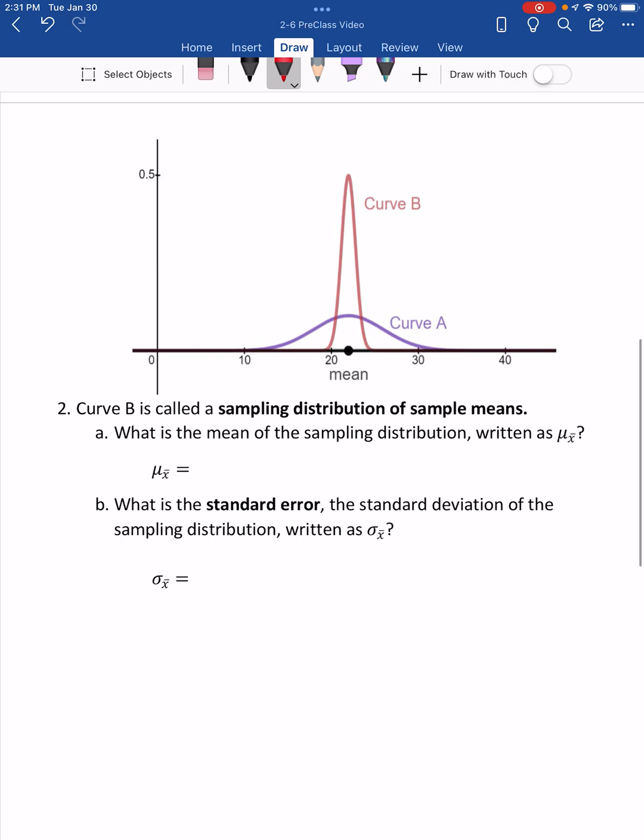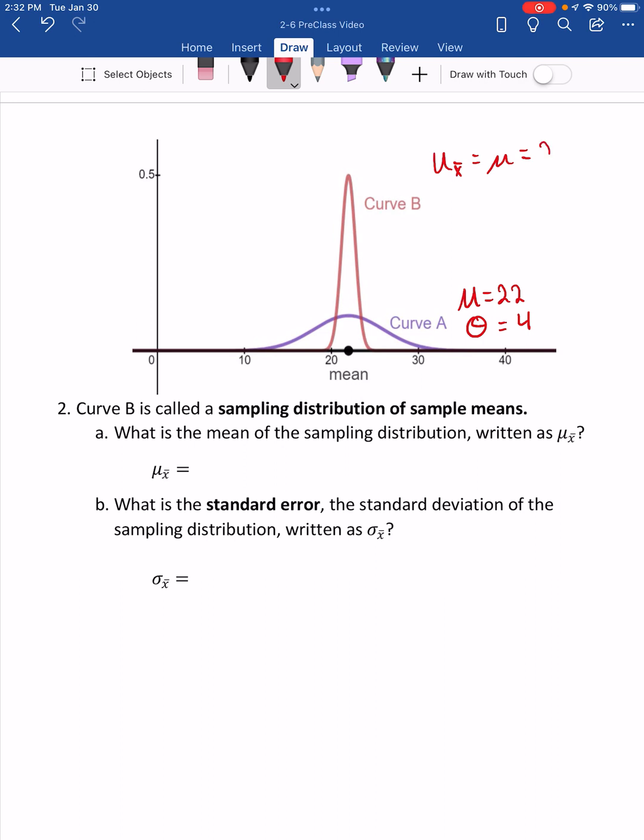So my curve A here, representing individuals in the population, had a mean of 22 and a standard deviation of 4. Curve B is a sampling distribution of sample means. So we're going to put a little symbol there to remind us that it was sample means, x bar is sample mean. It's just a little footnote.